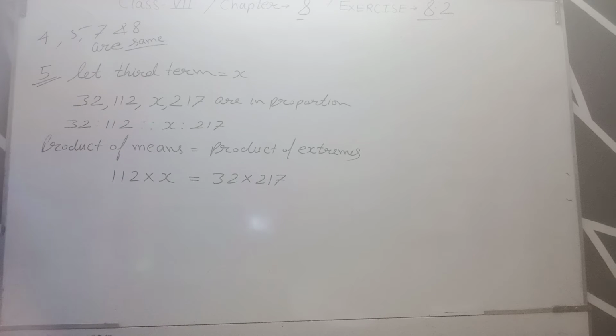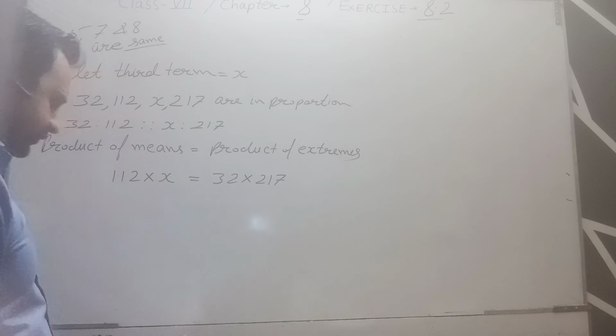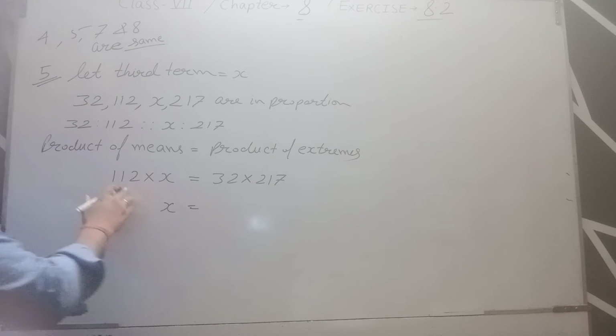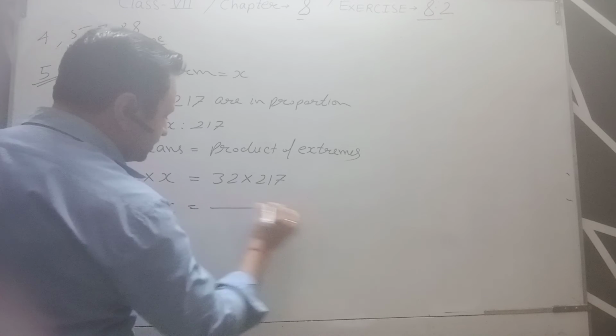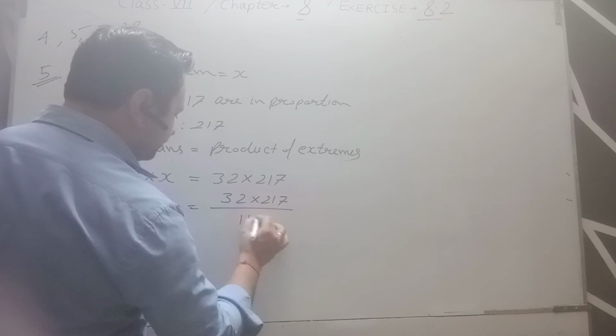And now using simple calculation we find the value of x. So x is equal to, we transpose 112 from LHS to RHS, 32 multiplied by 217 upon 112.